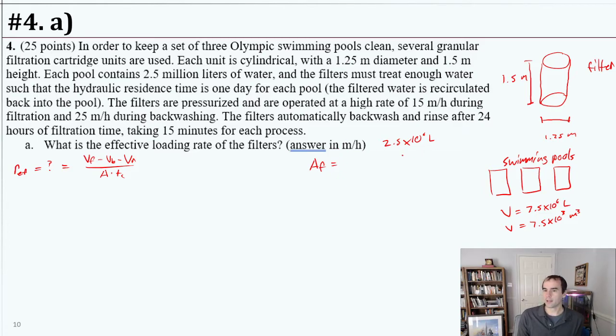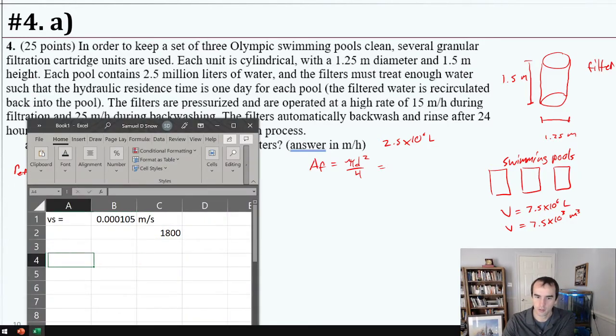So the area of the filter, though, that would be pi r squared, or pi diameter squared divided by 4. And so that will be a value here. Let's go ahead and calculate that.